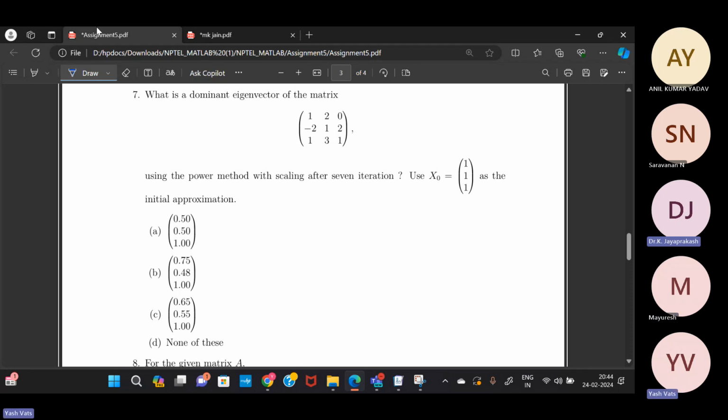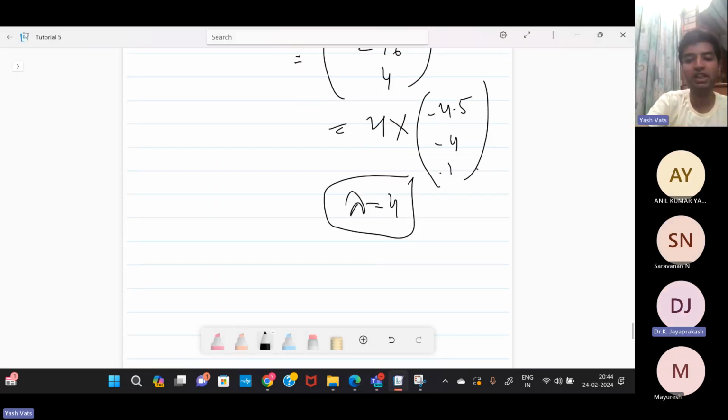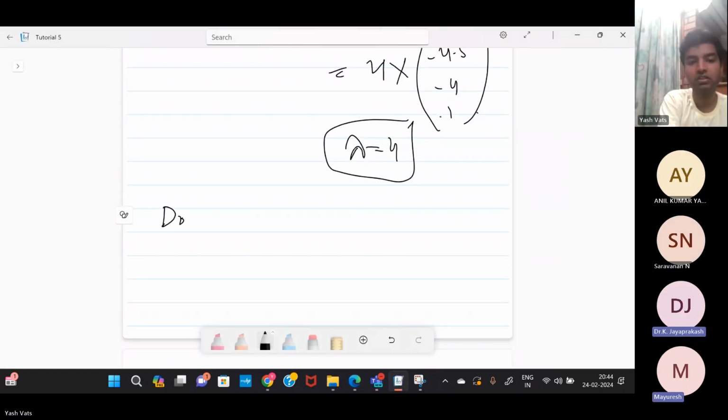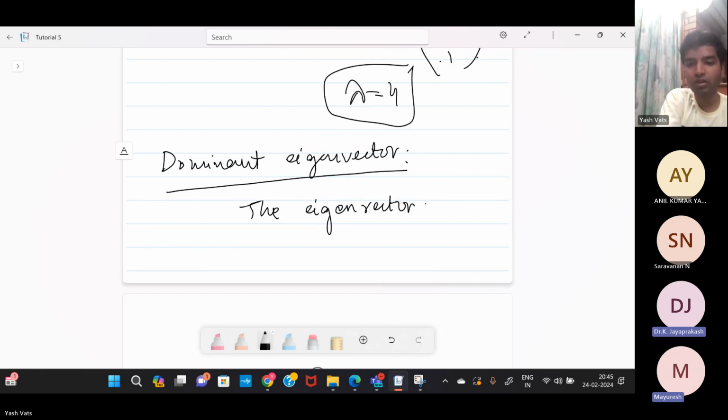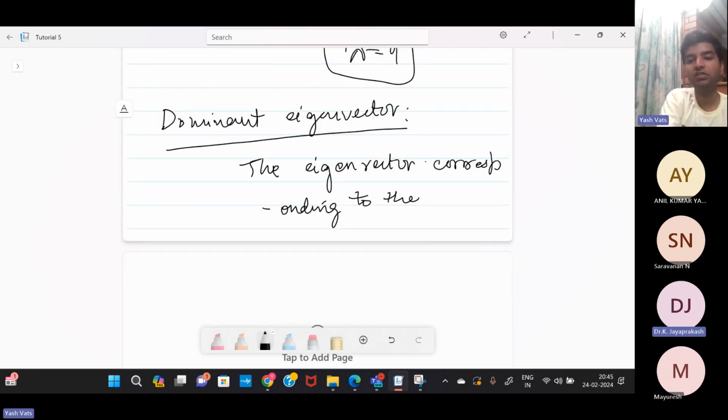So in this case, you have to find the dominant eigenvector. Firstly, what is the dominant eigenvector? It is the eigenvector corresponding to the absolute largest eigenvalue.